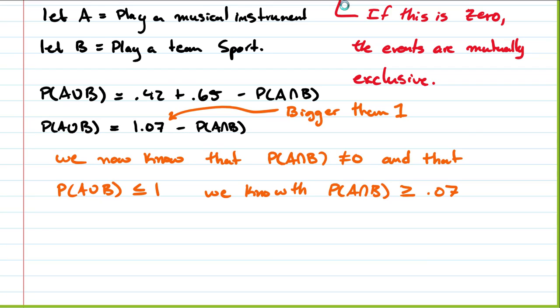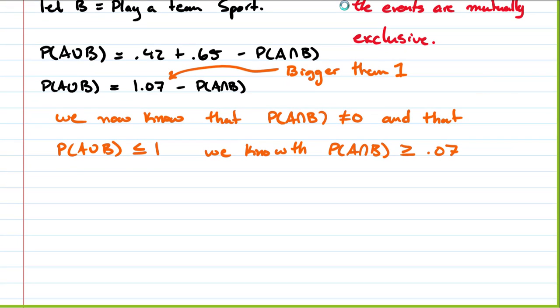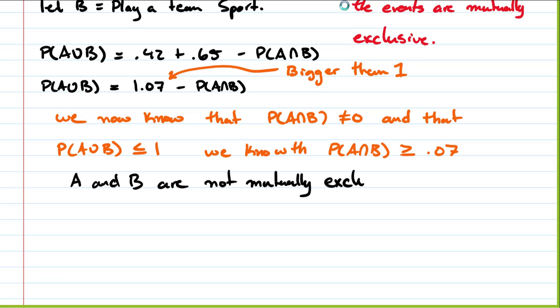So then that means the probability of A and B would have to be at least 0.07. It's most likely larger than that, but it has to be at least that big, right? So we know that they're not mutually exclusive. So A and B are not mutually exclusive.